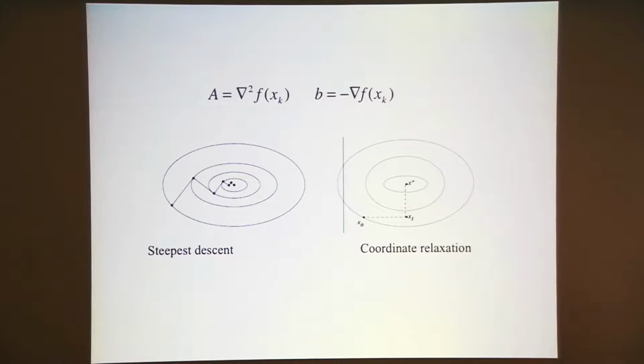So the contours are not tilted, and you do coordinate relaxation. What do I mean by coordinate relaxation? At x0, you move only one variable. And how far do you move it? You move along that variable until you've minimized your quadratic function along that variable. So move the variable x1, you stop here, then move the second variable x2, and you land at the solution exactly with the coordinate relaxation method.